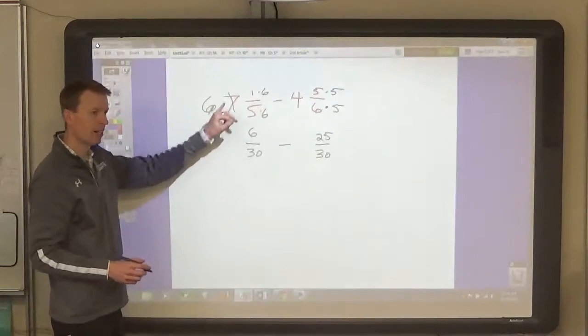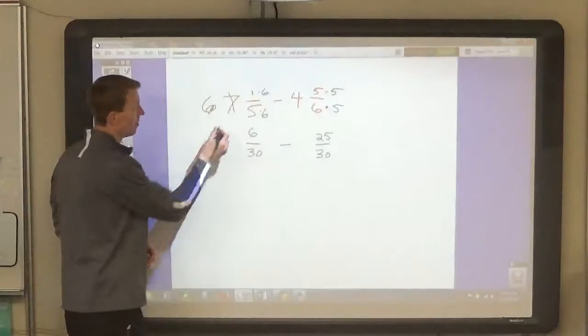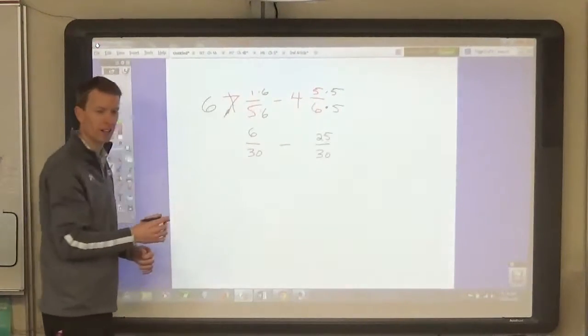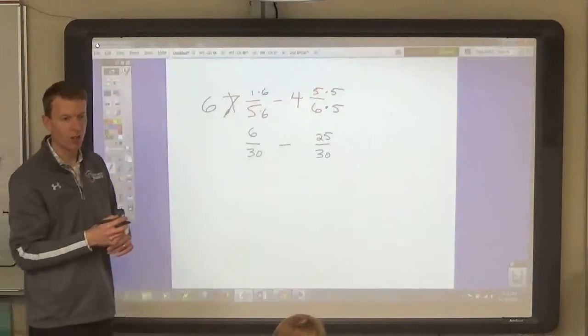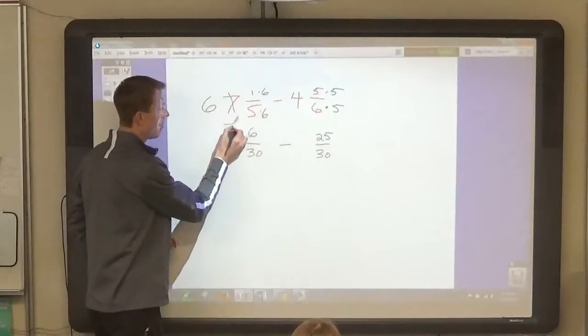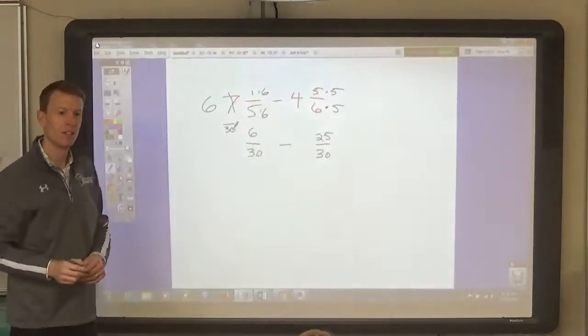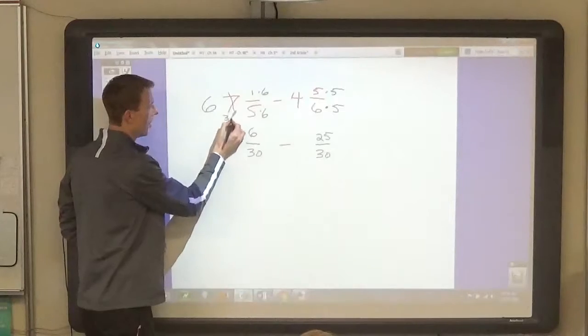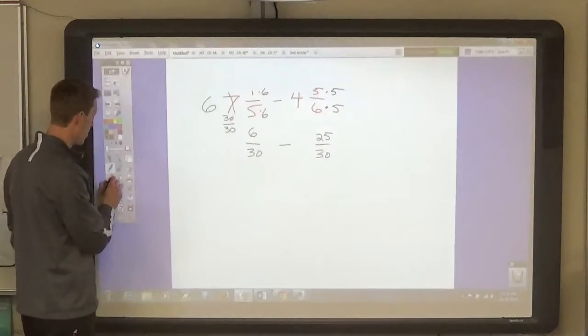How many pieces are we going to cut it up into? 30. How do you write 1 in 30ths? So in other words, if the denominator is 30, then the numerator is 30. Yep.